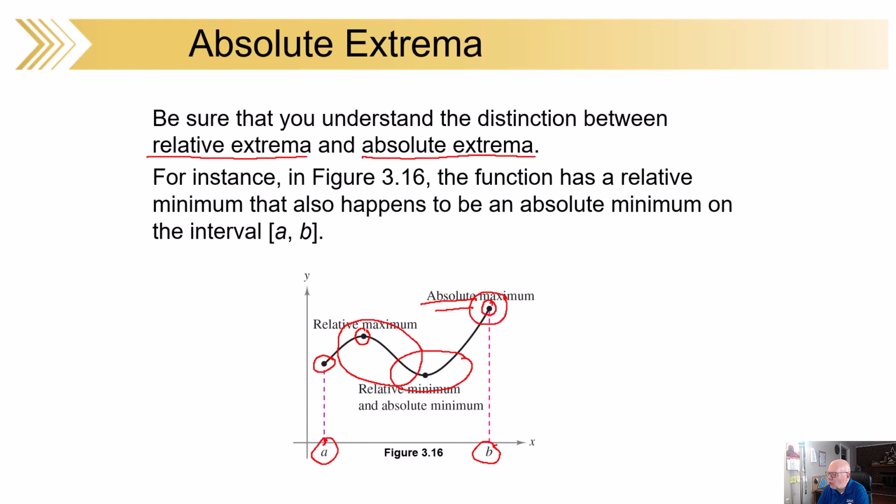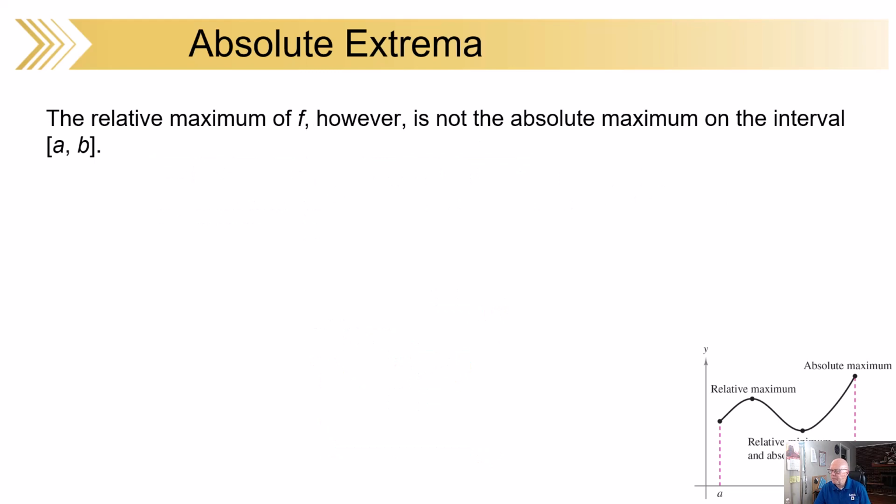Make sure when you're looking for absolutes, you check out the endpoints. You got that down? Okay. So the relative maximum, that's the one over here, is not the absolute. The absolute one turns out to be at one of the endpoints.